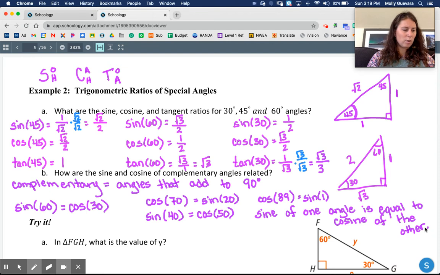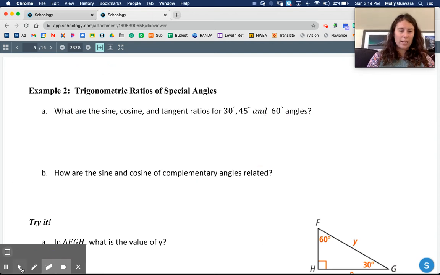Right, so sine of one angle is equal to cosine of the other angle, as long as the two angles are complementary, meaning as long as the two angles add to 90, not 180, add to 90, the sine of one is equal to the cosine of the other. So we have a try it here.